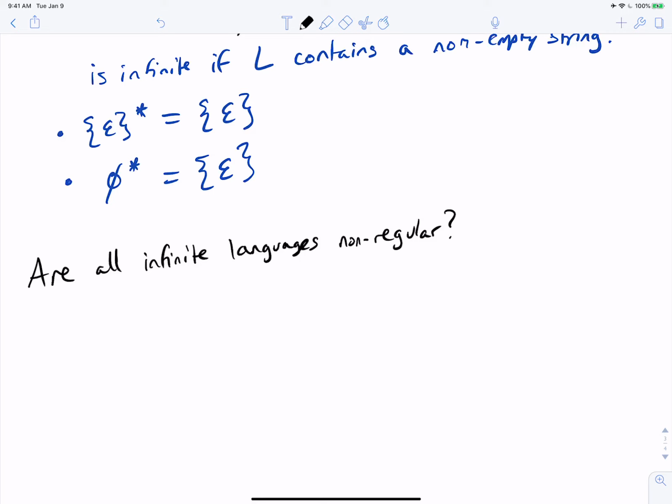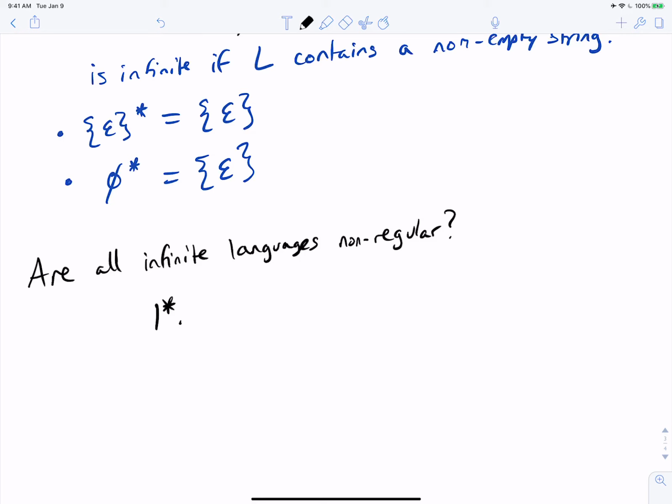So is this true? Or is there an infinite regular language? We did one where you could just do like one star. Yeah, one star. That's an infinite regular language. And we know it's a regular language because it's a regex. So if you can make a regex for it, it's regular. Cool.